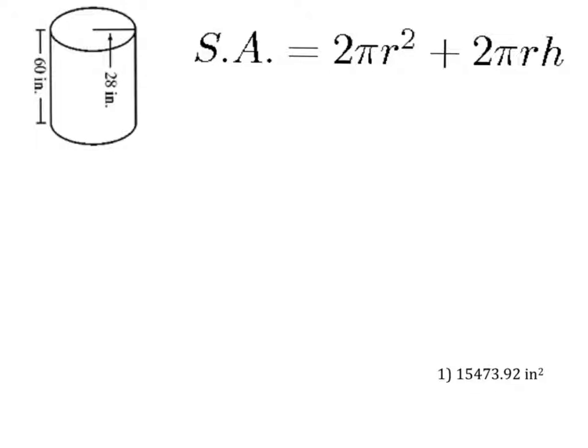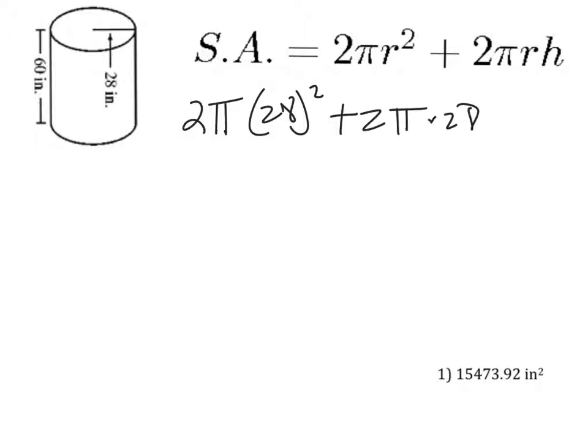So, alrighty, let's fill in the numbers that we know. 2 and pi are numbers already, so we can leave that as 2 pi. Radius is 28, so 28 squared. Plus, again, leaving 2 pi there. Radius, again, is 28 times the height of 60. So you find those alongside here, 60, right? Now if I'd given you diameter, by the way, you would just cut it in half to get the radius.